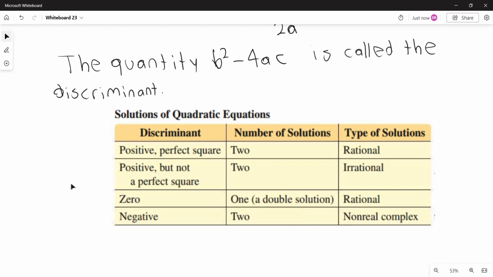If the discriminant is positive, but it's not a perfect square, the solutions are going to be irrational. That is, the solutions are going to involve square roots. If the discriminant is 0, there is one repeated solution, which is going to be rational. And when the discriminant is negative, there are going to be two non-real complex conjugate solutions.